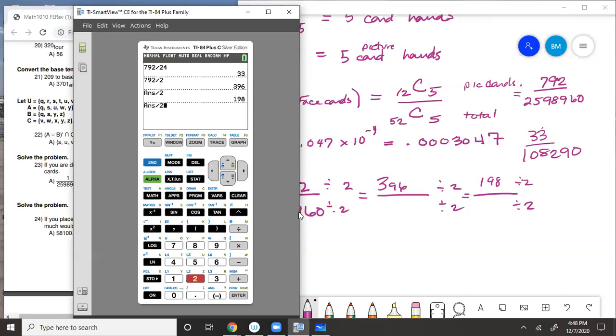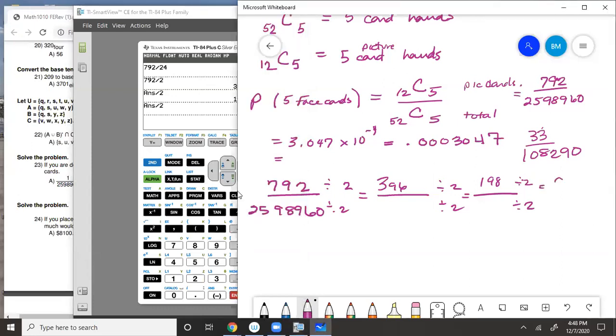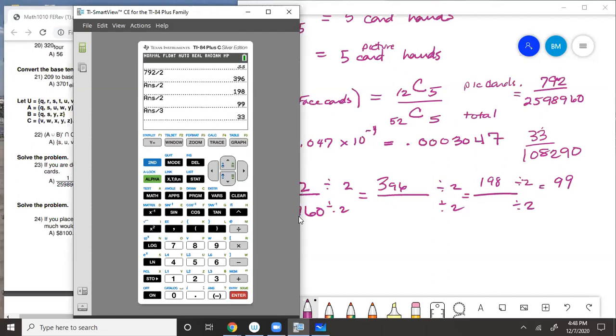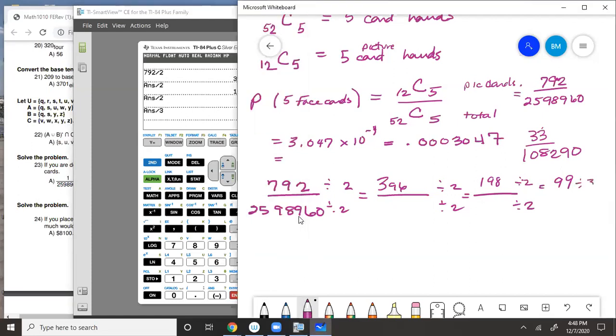We get 99. And then that one is divisible by 3, and we get finally 33. But I think at some point you could take whatever's in your calculator and put it into the simplest fraction.